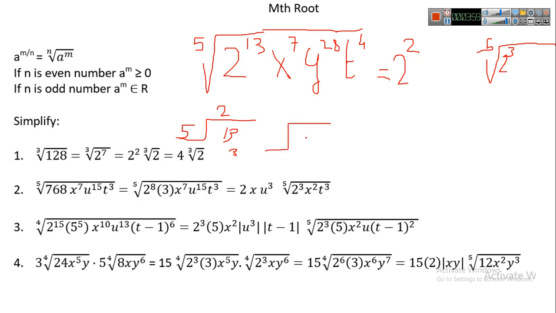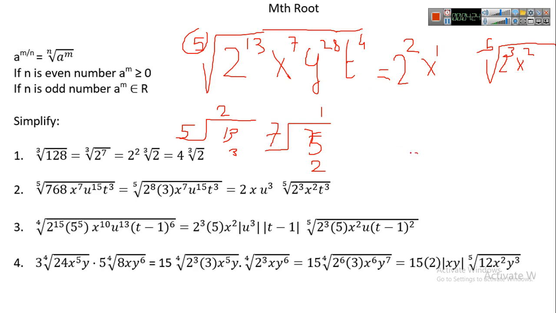Now we're going to divide 7 by 5. The quotient is 1 and the remainder is 2. So here you're going to get x power 1 outside and the remainder inside. No need to put absolute value since here the root is odd. If it's even, you put it.